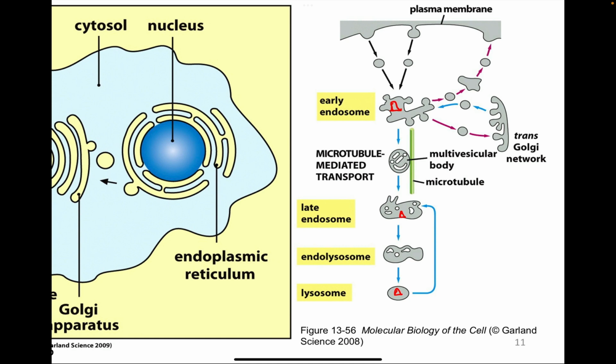If I want to have a transmembrane protein, like if I'm making something that's in the plasma membrane, it's eventually going to be in the early endosome membrane, like that. And eventually it's going to be in the late endosome membrane, like that. And eventually it's going to be in the lysosome membrane, like that.